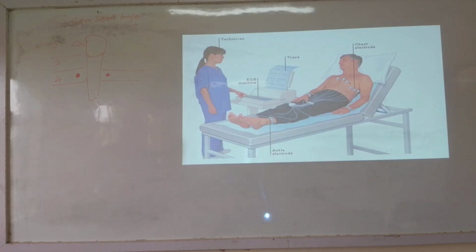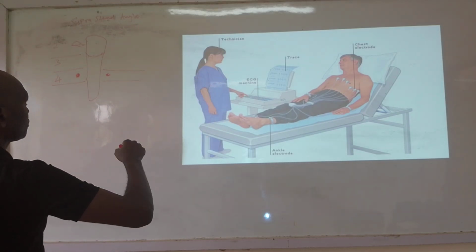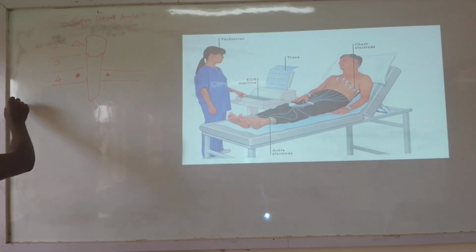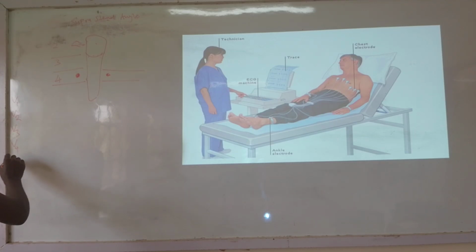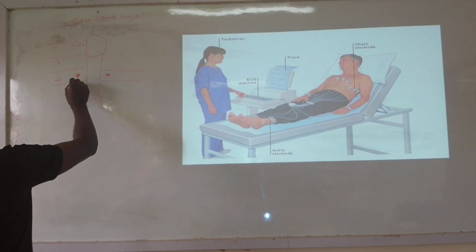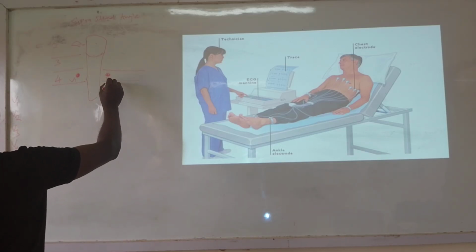So what you simply do, you place your electrode. These electrodes, precordial electrodes, are labeled as V1, V2, V3, V4, V5, V6. So you will place your V1 here, and then V2 here.